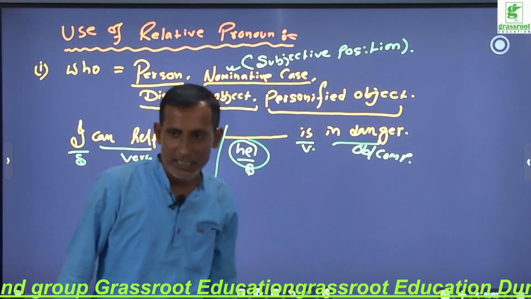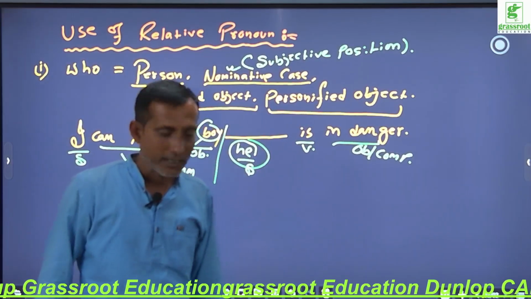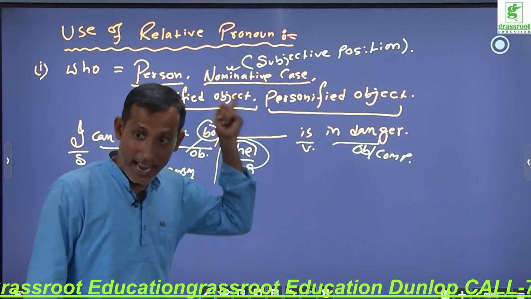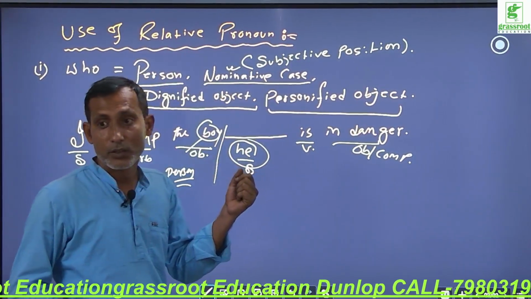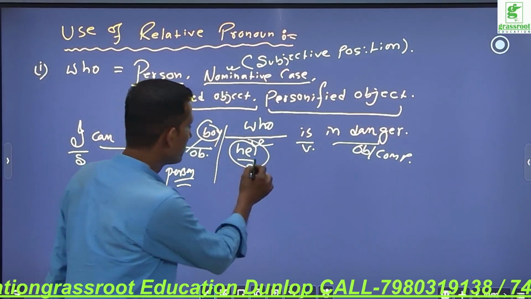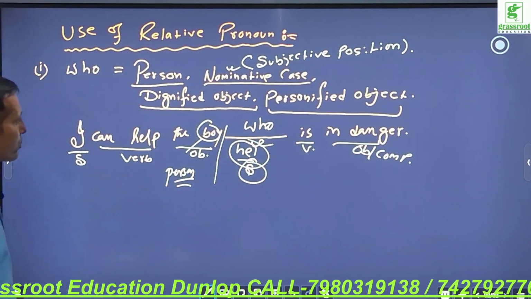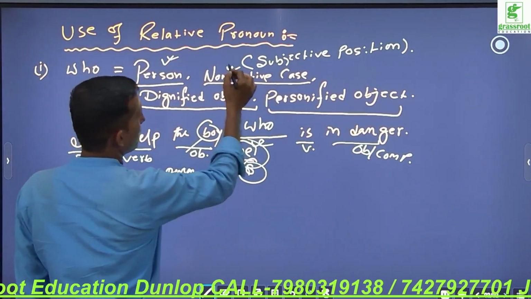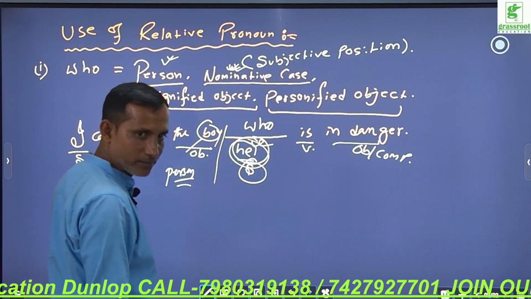He is in danger. That means here he is subject. And as we have to connect two clauses, we have to use who instead of he. So who can be used for person, nominative case, that means as subjective form. Clear?